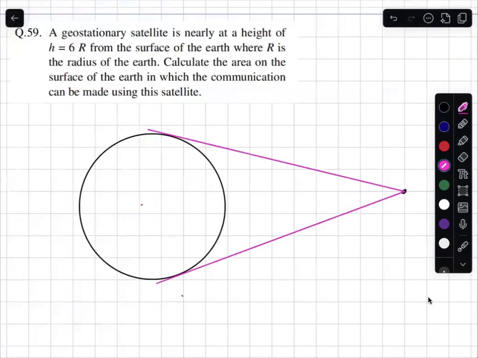Now, please try to understand. It is in a two-dimensional plane. In three dimensions, actually, this is a cone.